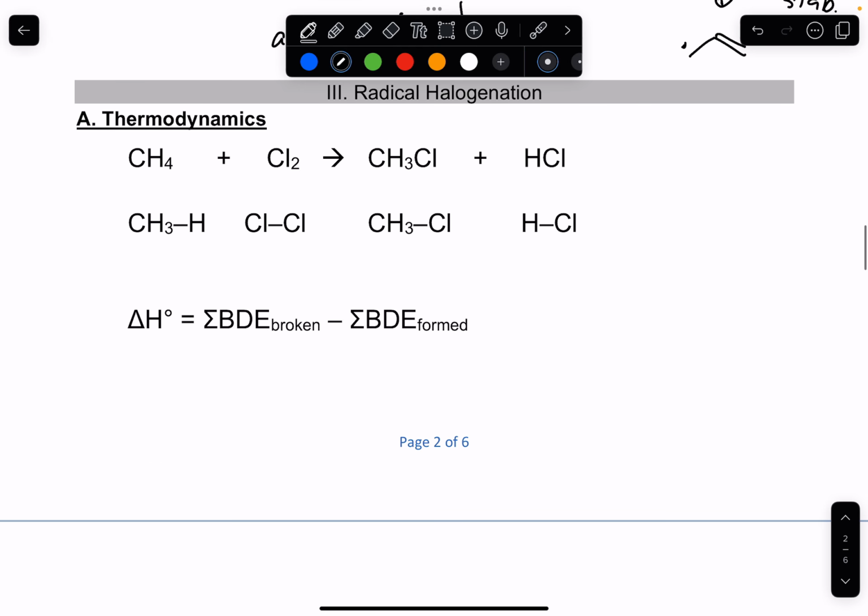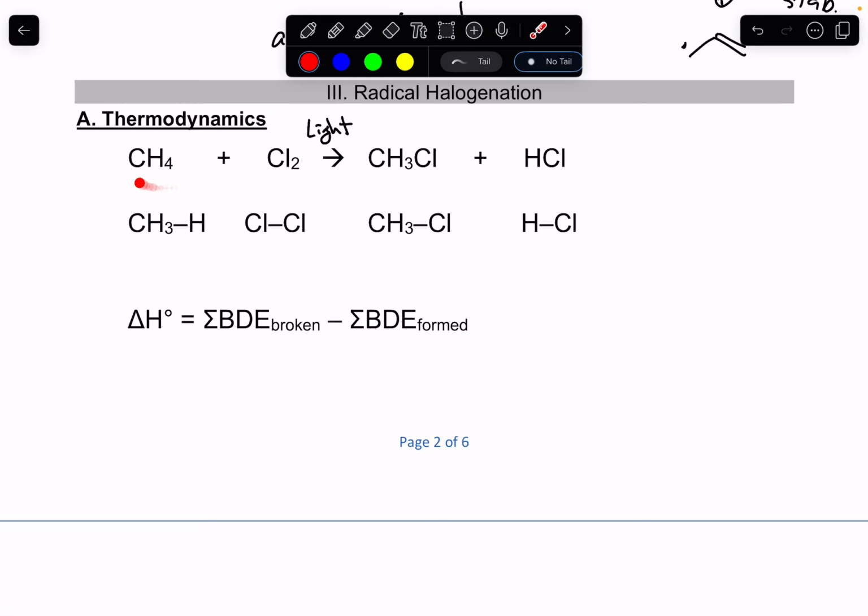Okay, so here's perhaps the easiest, simplest radical halogenation reaction example, and I just want you to know this is always going to need some sort of light source. Okay, and then you notice this simplest alkane, methane, is monohalogenated by chlorine, the Cl2 molecule.